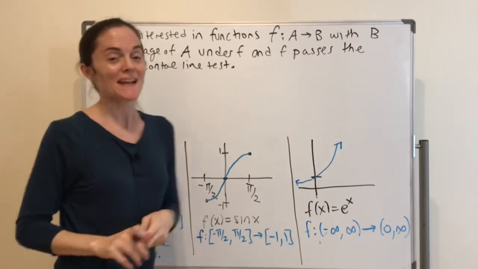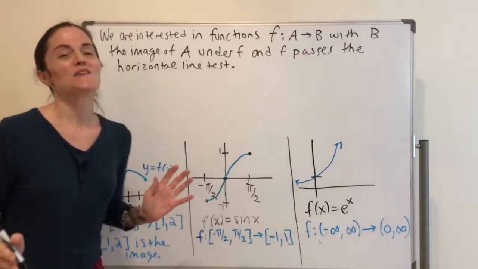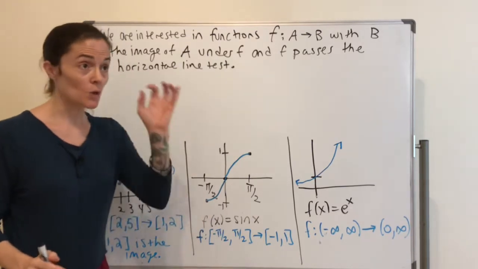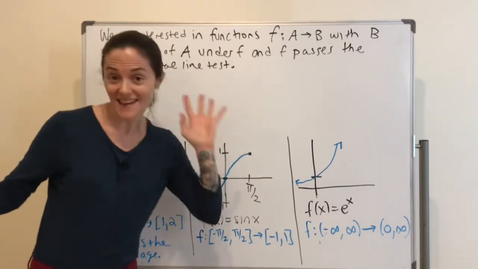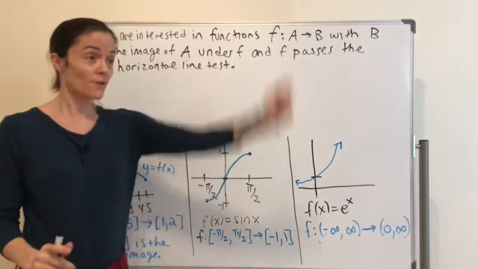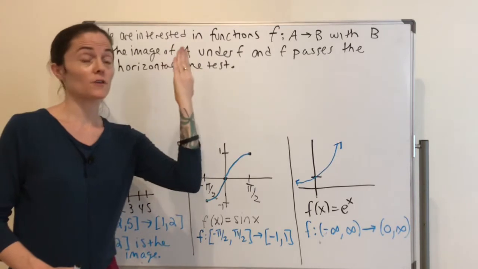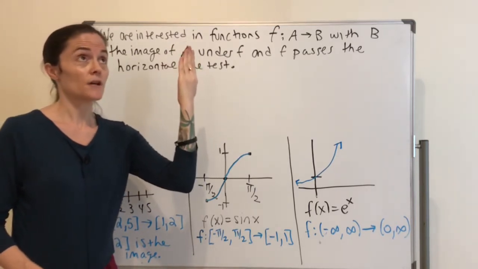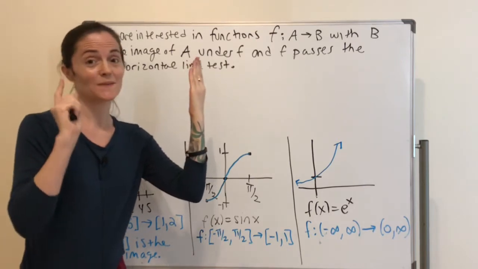Now, you might ask, what is the horizontal line test? You might remember, in order for a graph to be a function, it must pass the vertical line test, which says every vertical line hits the graph in no more than one place.